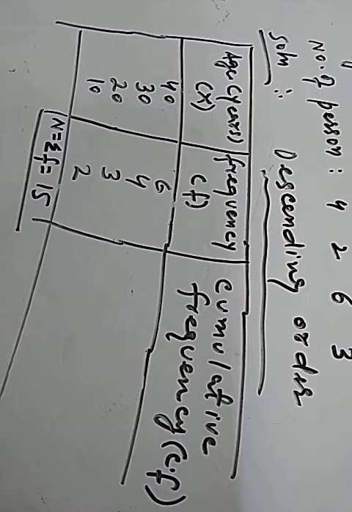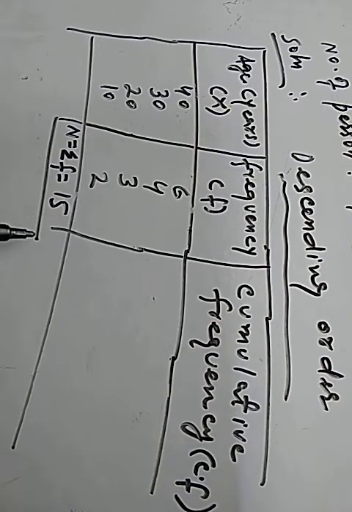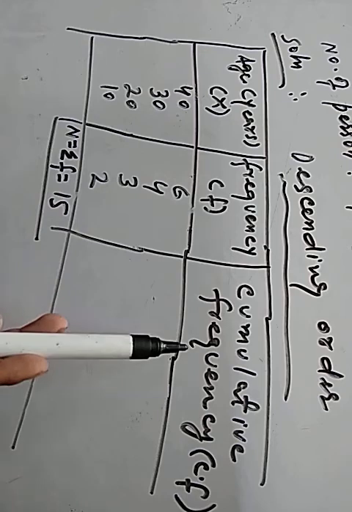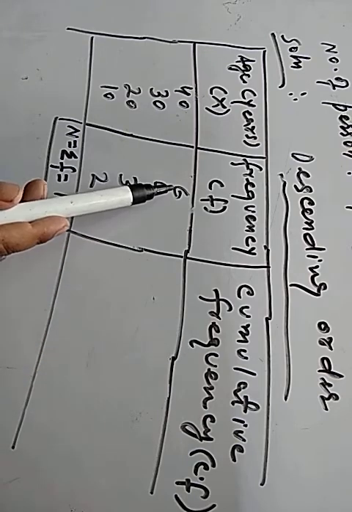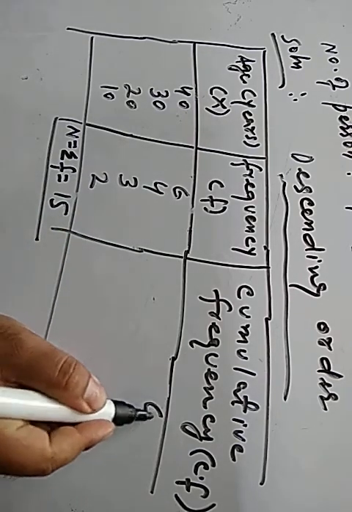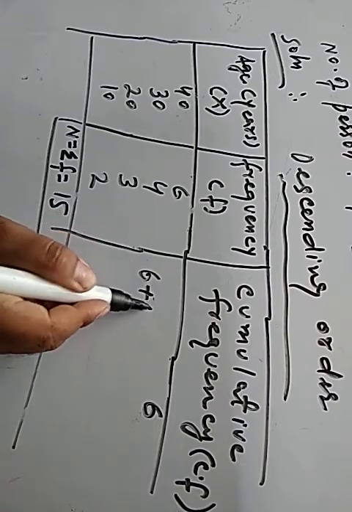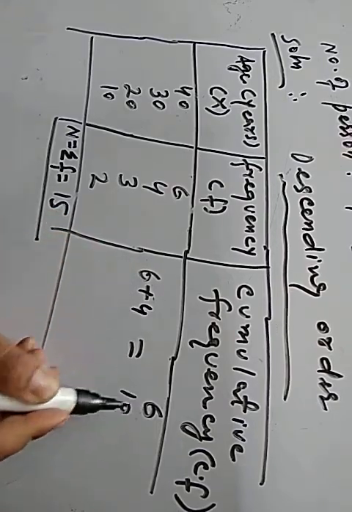And now we have to obtain the value of cumulative frequency from this simple frequency. As I told you, the first value of cumulative frequency will be same as simple frequency, it will be equal to 6. Then we will add the successive simple frequency to this value 6. 6 will be added by 4, it will be equal to 10.